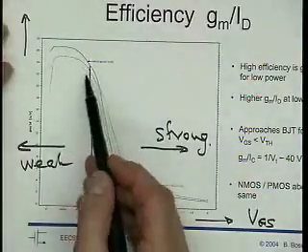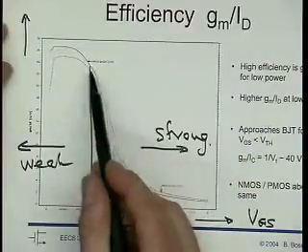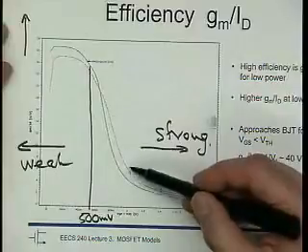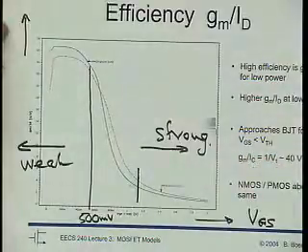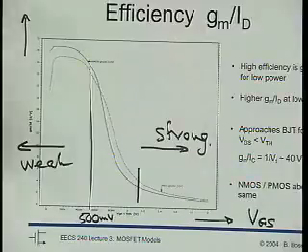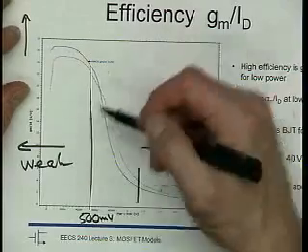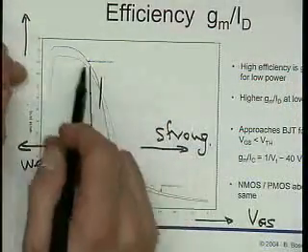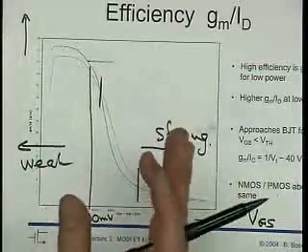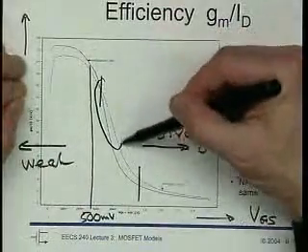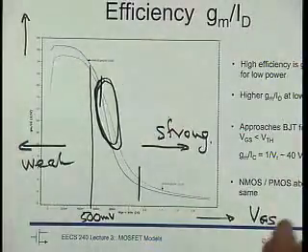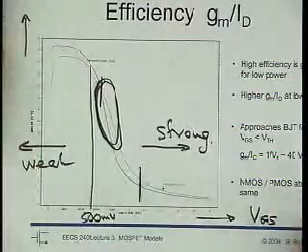Notice also that once we have made VGS fairly small, making VGS a volt and larger is really costly, right? The efficiency is now way down. On the other hand, once we've made VGS in the 600 millivolts or so, we still win a little bit, but it's not that big a deal. So that's probably an interesting region of operation if we have some compromise, if we cannot just operate over here.